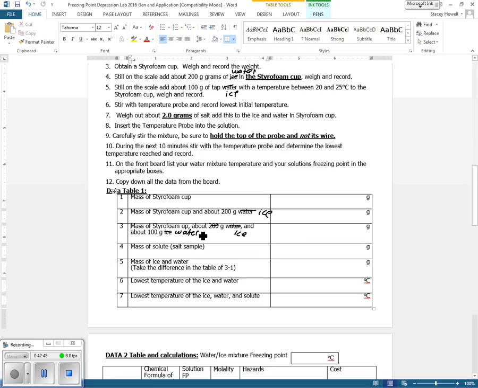So let's change that the other way. Let's leave out ice and water. Okay, sorry. So you had 200 grams of the ice and only 100 grams of the water.